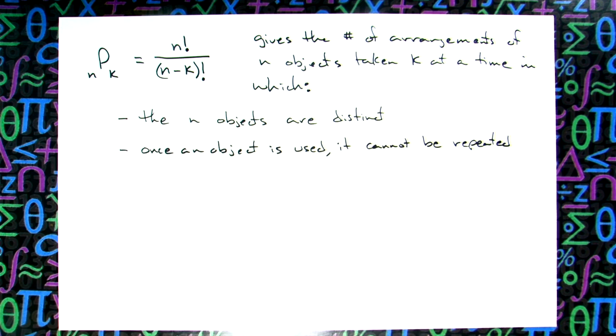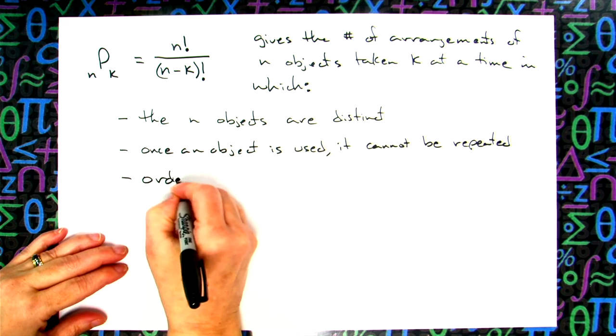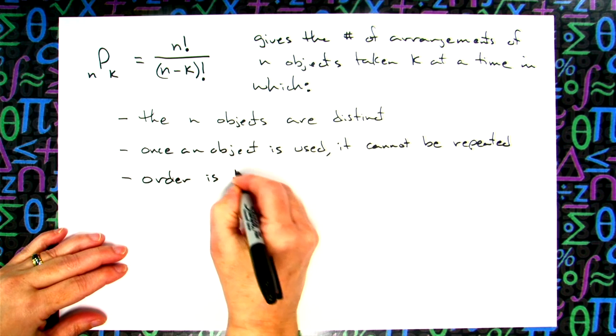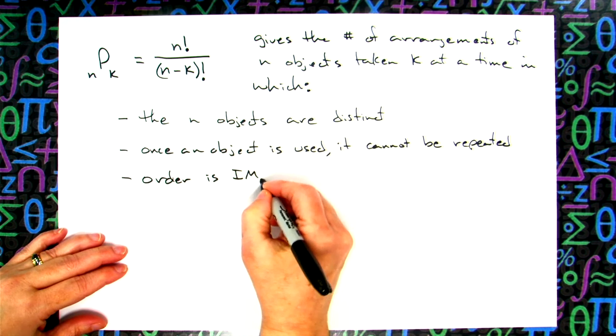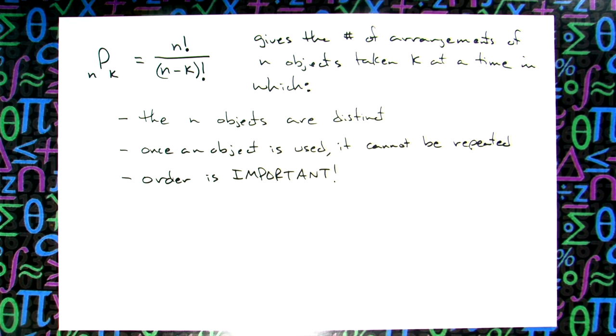Okay, so there's that without repetition. All right, and order is important. And that's probably the number one distinction that you got to remember more than anything else. That's why I put it in all caps.